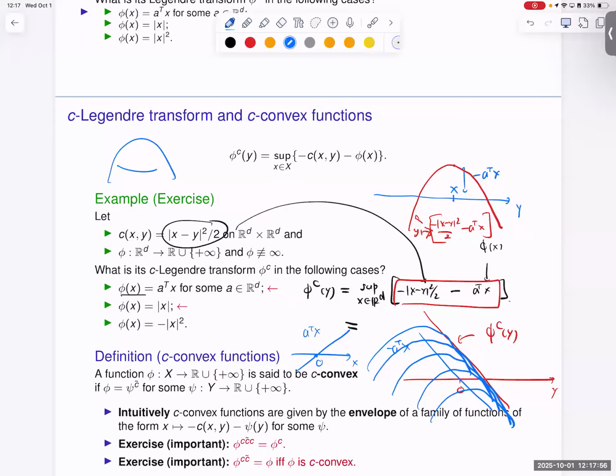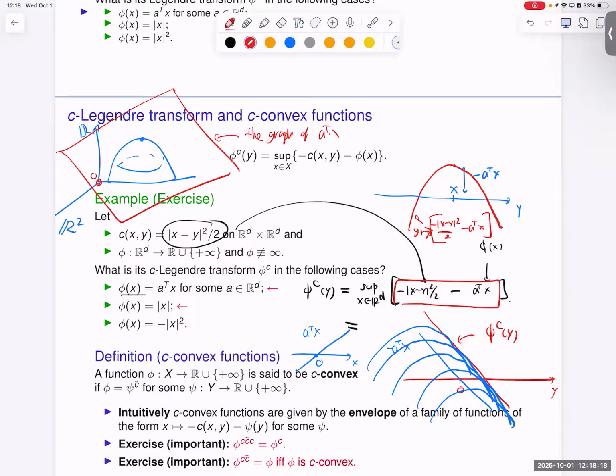So in 2D you have some paraboloid like this, and then you have the 2D domain, and you have this R, and then you have this hyperplane passing through 0, which corresponds to the graph of a dot x.